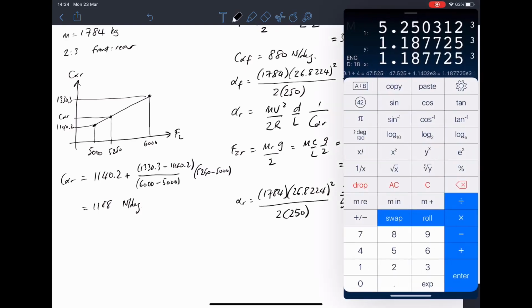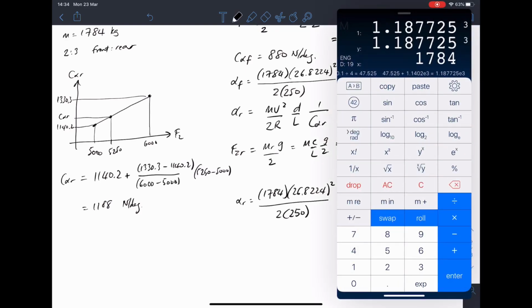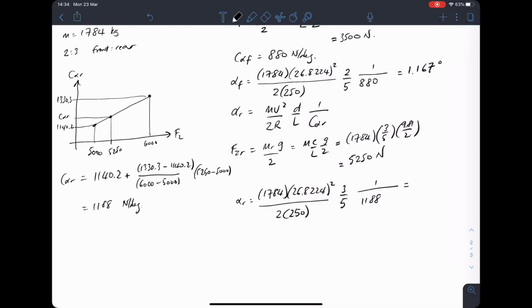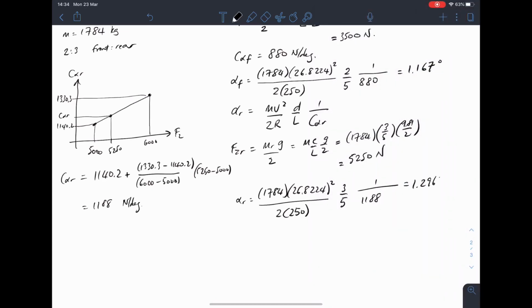So again, 1784, 26.8224 squared, 250, then we've got 3, 5, and then we've got 1188. So 1.296 degrees. Okay. So they're the slip angles, front and rear.